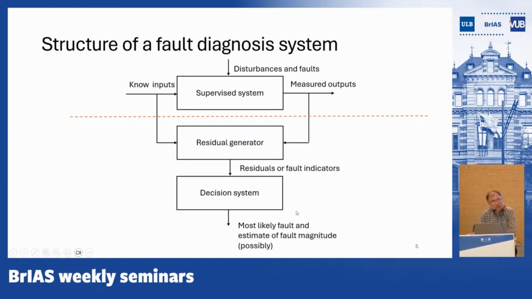And then you have the decision system. The decision system will analyze the pattern of zero and non-zero residuals, and from then decide which is the most likely fault and possibly estimate a fault magnitude.